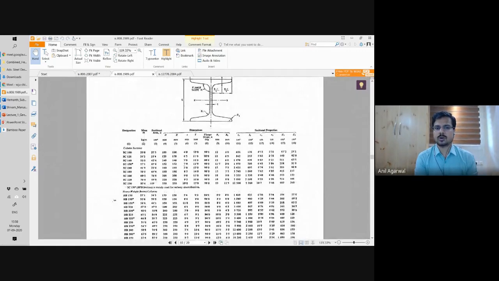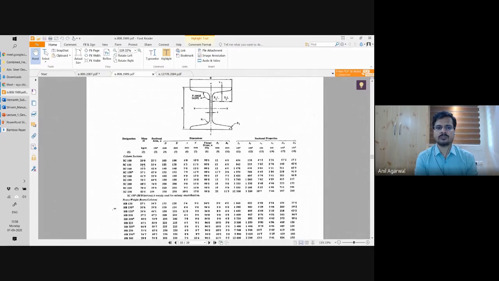Also, the sections that can be used as a column more frequently are called ISSC sections. So ISSC sections have almost equal D to B ratio, because it's better to have a column which occupies a square shape, almost a square area. Such sections are used for column sections. These are not wide flange. Wide flange do not have that kind of a ratio.